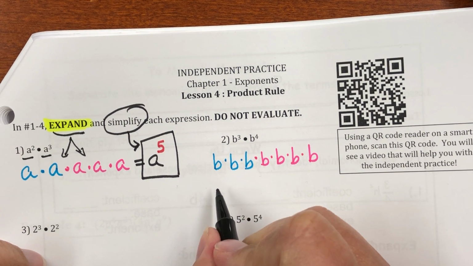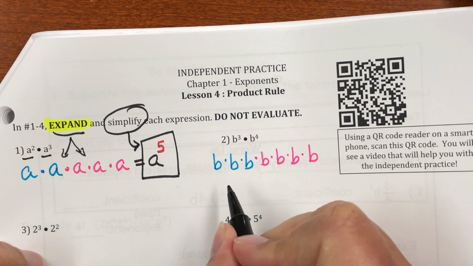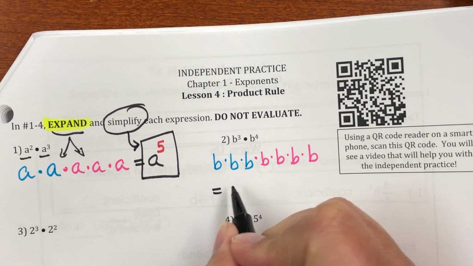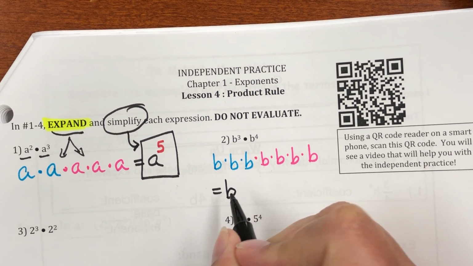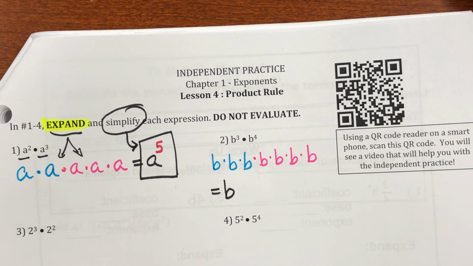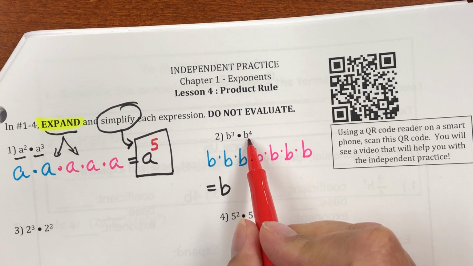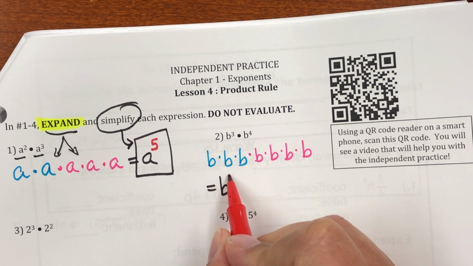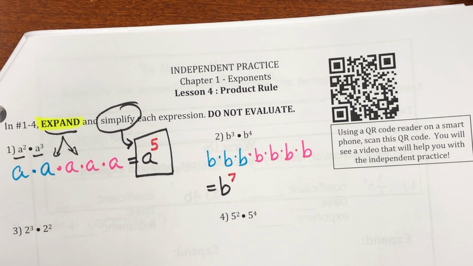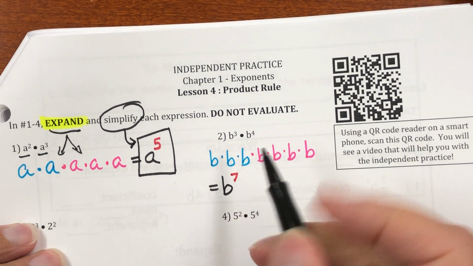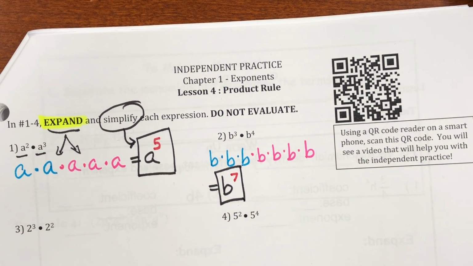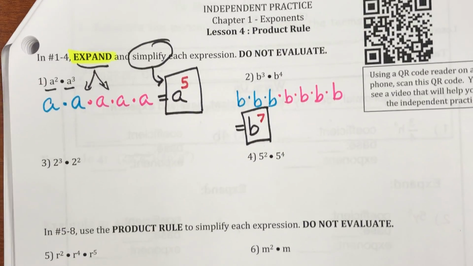The product rule of powers says keep the base b. And let's add these exponents. 3 plus 4 is 7. 1, 2, 3, 4, 5, 6, 7. That's right. The exponent is 7. So b to the 7th power. And I'm putting a little box around there because that's the simplified version of this.